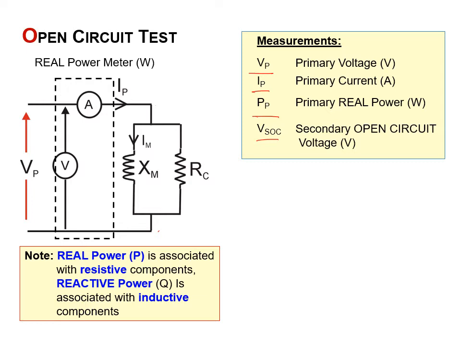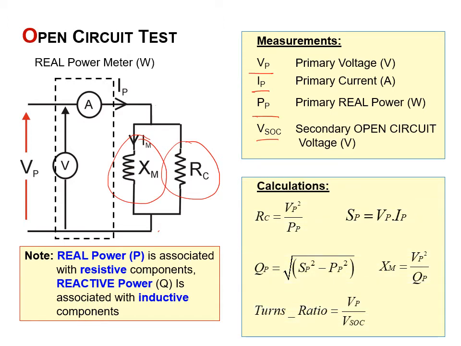The thing to note is the real power is associated with Rc, and reactive power with Xm. If you realise that, then you can find Rc from Vp squared over the primary real power, and we can find the apparent power by multiplying Vp and Ip.